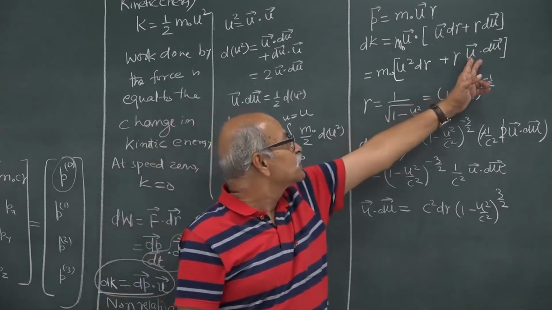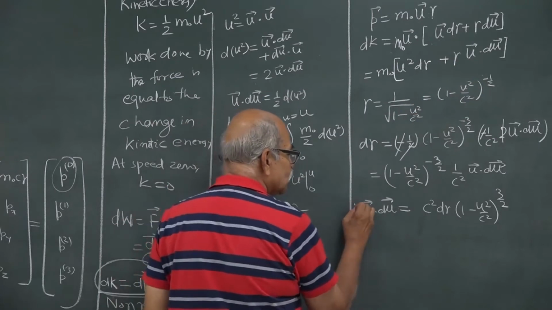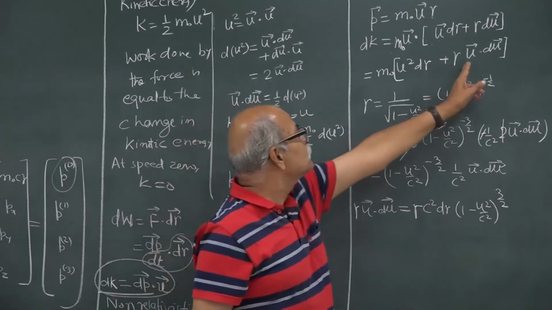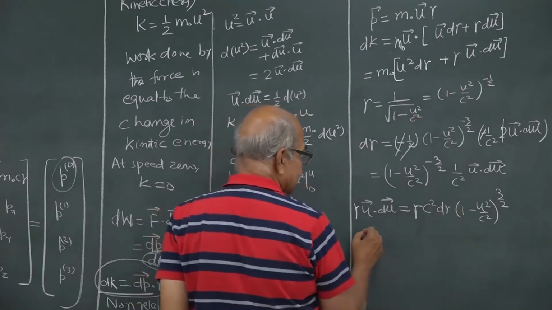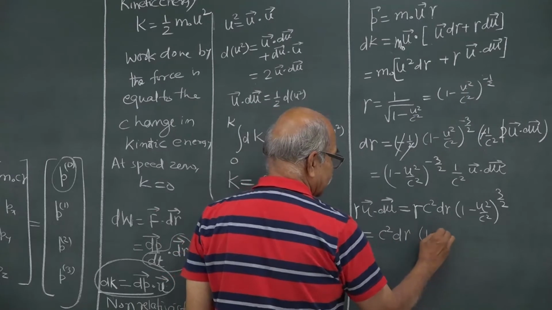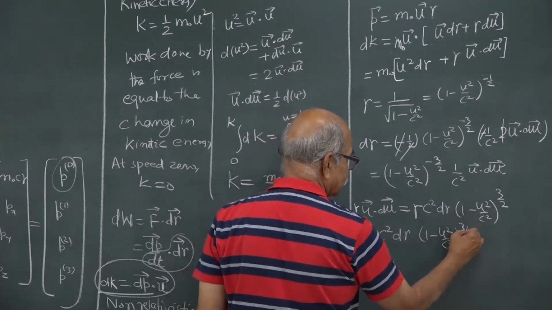So that I am going to put here, or let me multiply by gamma also. So what is gamma times u dot du? It is this, right? Gamma times u dot du is c square d gamma times 1 minus u square by c square power 3 by 2, right?